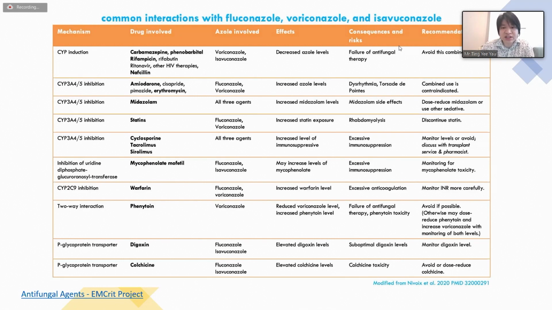They will increase the exposure of them. Also digoxin: it will elevate the digoxin level, so monitoring is required. And colchicine, it will increase the colchicine level. Then we will need to monitor the toxicity, and we might need to consider dose reduction.